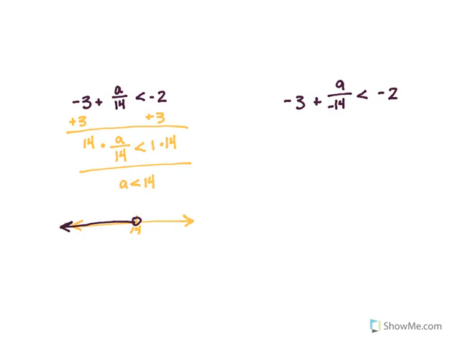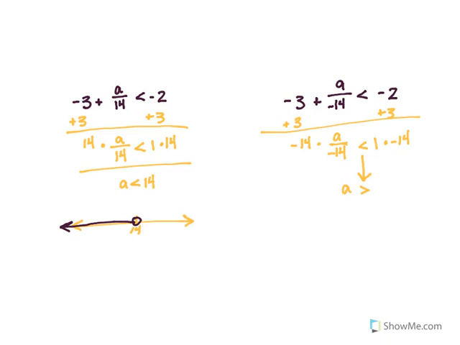Okay, now on the problem on the right-hand side, we're going to add 3 to both sides. So that step's the same. Then we're left with a over negative 14. Whoops, not negative 4. Is less than 1. Now here we need to multiply by negative 14. So when we do that, we have to flip this sign because we're multiplying by a negative number.